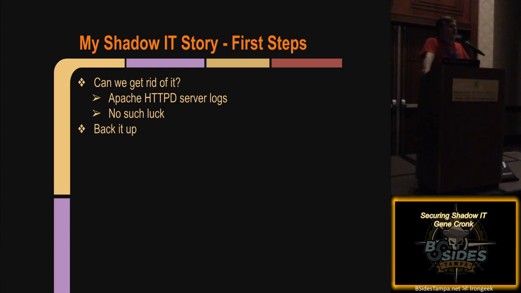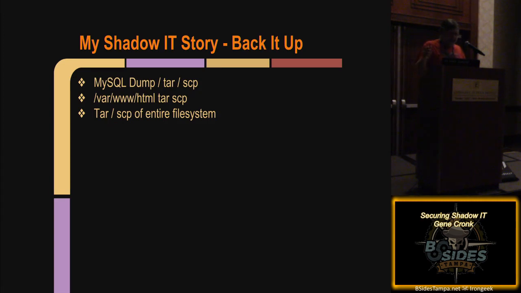So I had our cloud people spin me up a new VM in our private cloud. And first thing I did was tarball the PHP scripts, pushed them up there, and then did a MySQL dump. After I did those and SCP'd them up to the new server, I also did a tar and SCP of the entire file system just in case I couldn't get something replicated to actually run the code and the database.